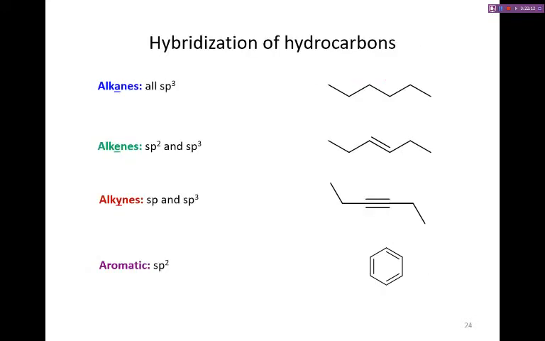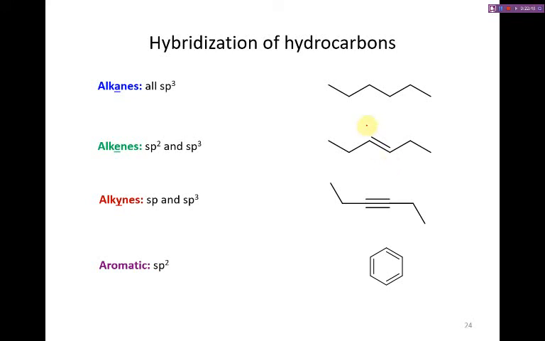And hopefully you saw as we went along that because of the different nature of the bonds, whether there were double bonds or triple bonds in the molecule, that's going to affect its hybridization. And so this kind of summarizes here for us the hybridization that we can see within the different classes of hydrocarbons. For alkanes, because there's 4 electron domains, they're all sp3 hybridized.